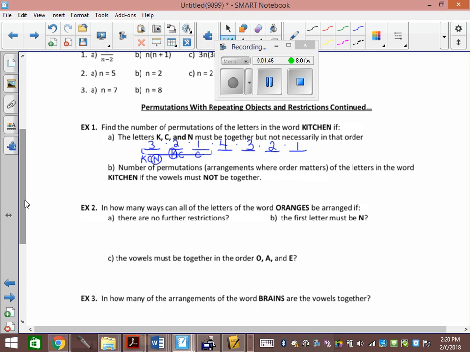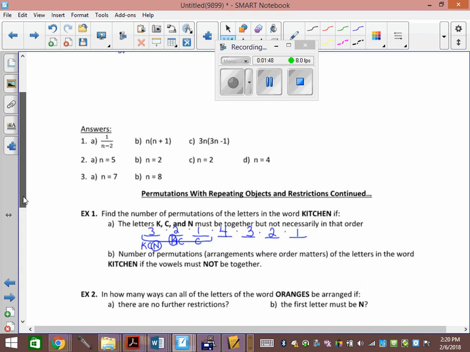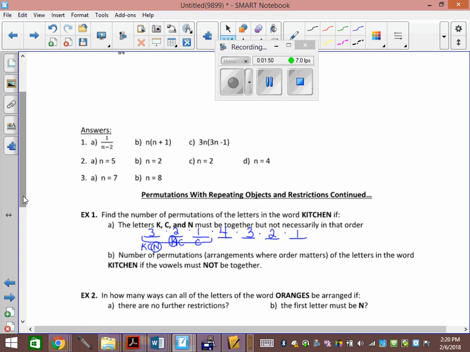So we're going to look at, up here, other ways that KCN could be together. So we hooked KCN together here and we had 3, 2, 1, 4, 3, 2, 1. We agree? But could we not put them between these 2 letters here? Would they still be together? Yeah, so we could go 4, 3, 2, 1, 3, 2, 1.